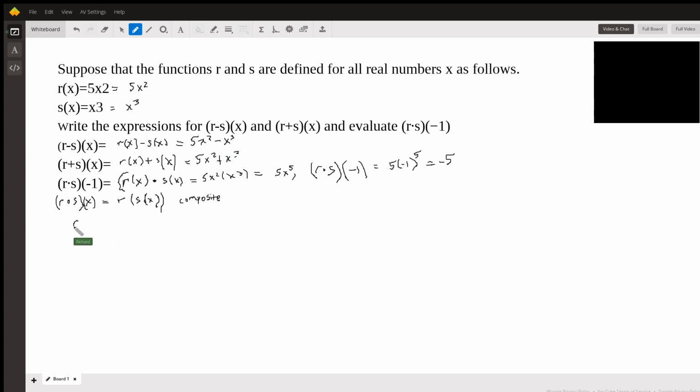I guess I should show you that. You can write it like that. That would be division. But that's really r of x over s of x. So those are all the forms: addition, subtraction, multiplication, division, and the composite form.